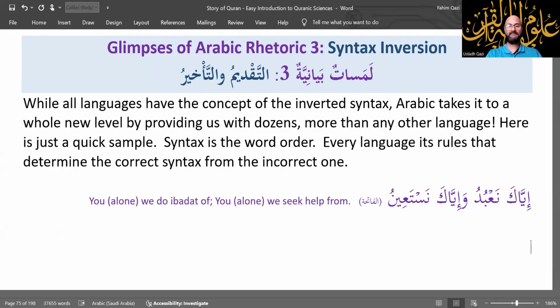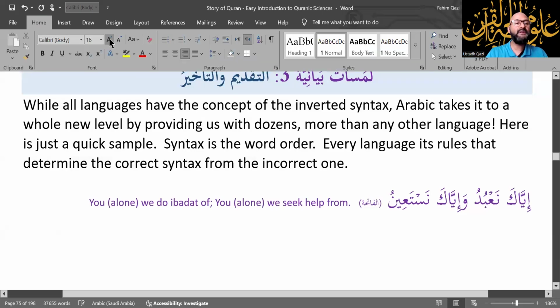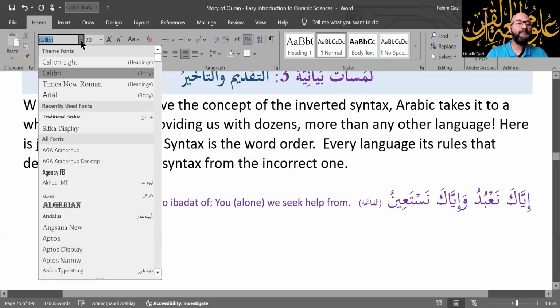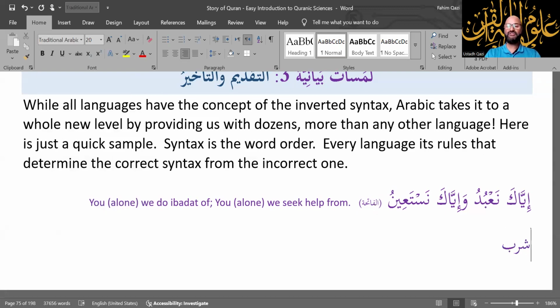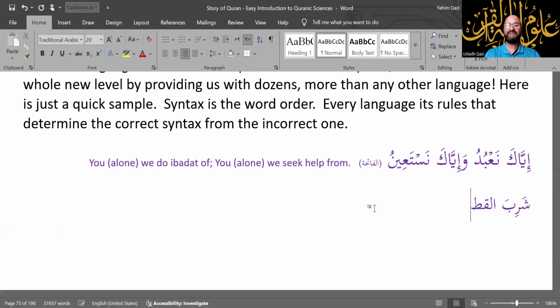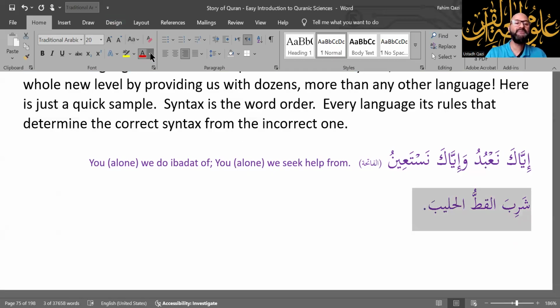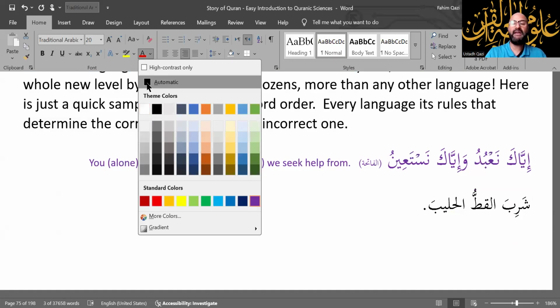Verb, doer, object. So for example, let me put some examples here in the text. If I say shariba, which means drank, al-qittu, the cat, al-haliba, the milk: the cat drank the milk. Shariba al-qittu al-haliba.